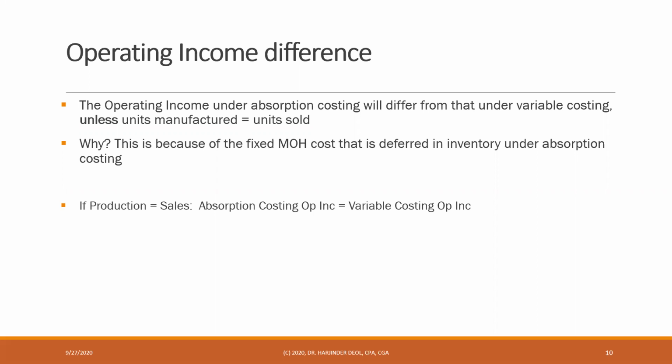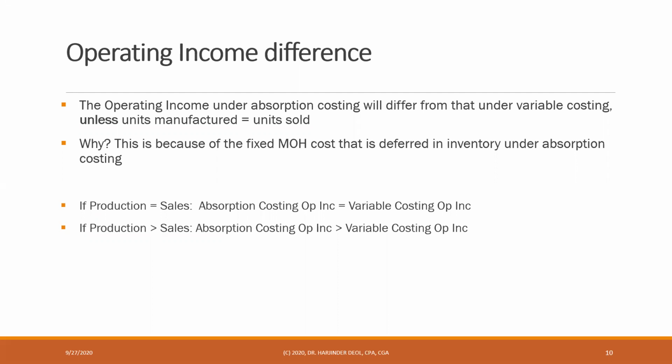But if your number of units produced is higher than the number of units the company is selling, then the operating income will be better under the absorption costing method and lower under variable costing, because your fixed manufacturing overhead piece is deferred to your ending inventory. This is where managers can play with the numbers to create the impression that the business is making more money without actually increasing the sales.